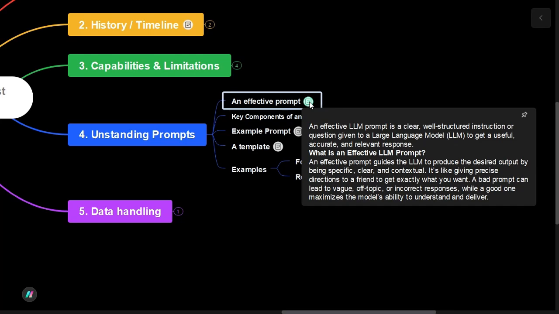An example is given: your friend is coming to your home and asking for the address, assuming you don't have Google Maps. How vague or precise your directions are decides how much your friend struggles to reach your home. In the same way, how effective your prompt is decides the quality of the LLM response. That's why this is a very important topic.